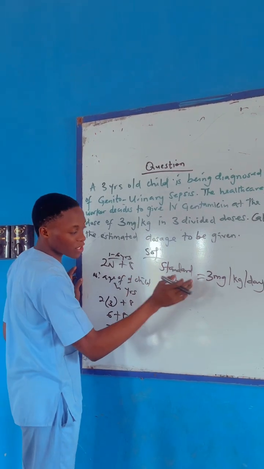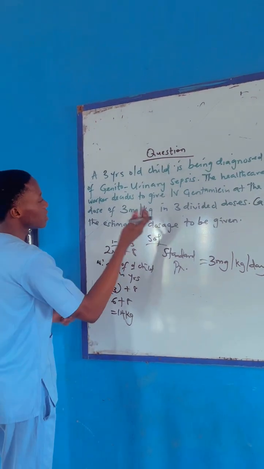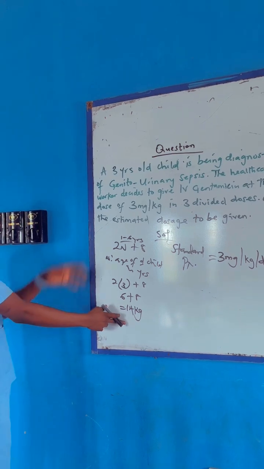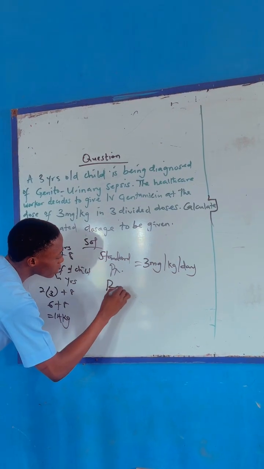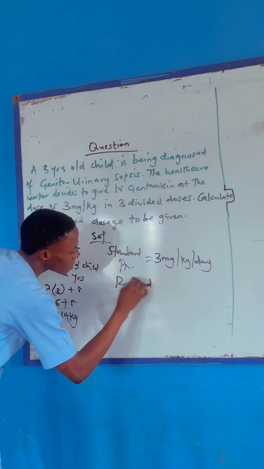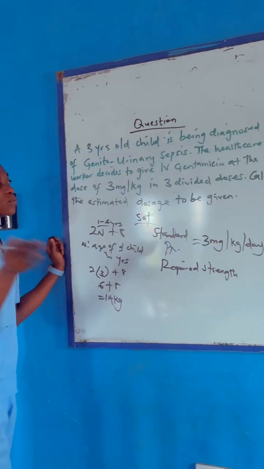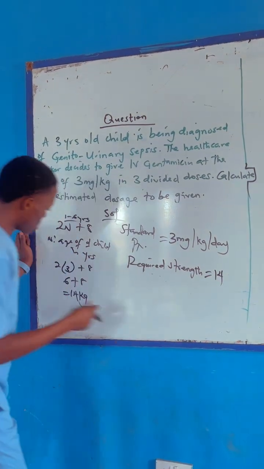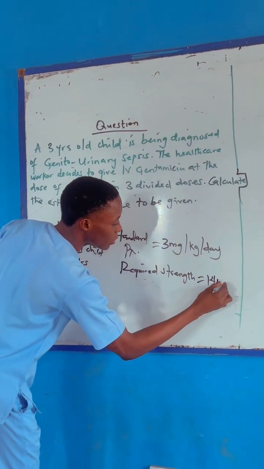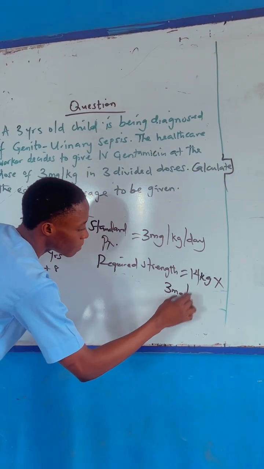Since we have the weight of the child to be 14 kg, to calculate the dosage we have to administer, we have the weight of the child, 14 kg, times 3 mg per kg.